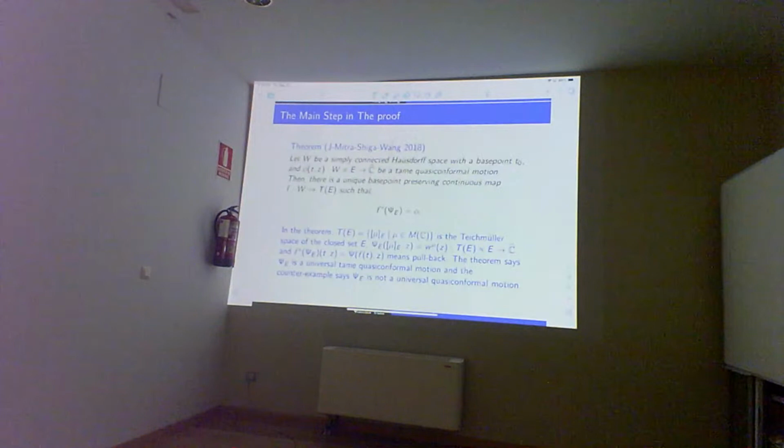Okay, so now the question is whether that one is also a universal quasi-conformal motion. Our counterexample says this one is not a universal quasi-conformal motion. However, this theorem says this one is actually a universal Teichmüller quasi-conformal motion, right? That means for every Teichmüller quasi-conformal motion, you can find a continuous map such that it is a pullback of this universal holomorphic motion.